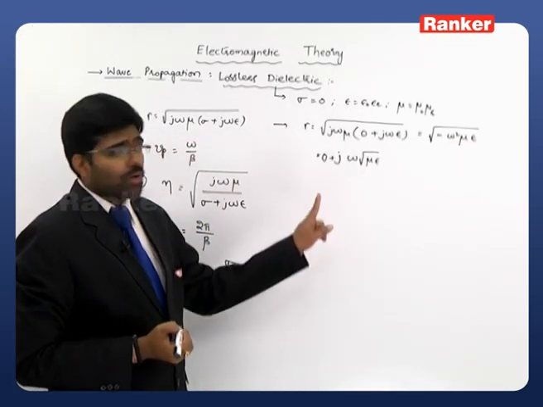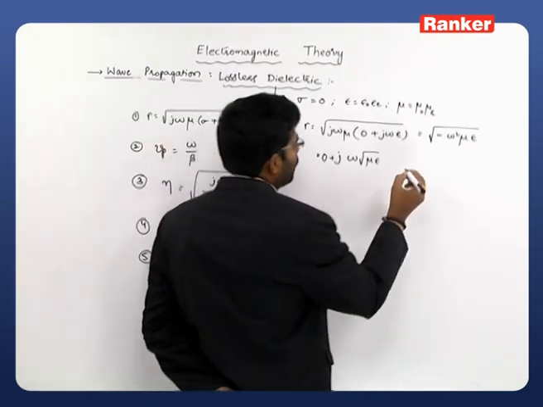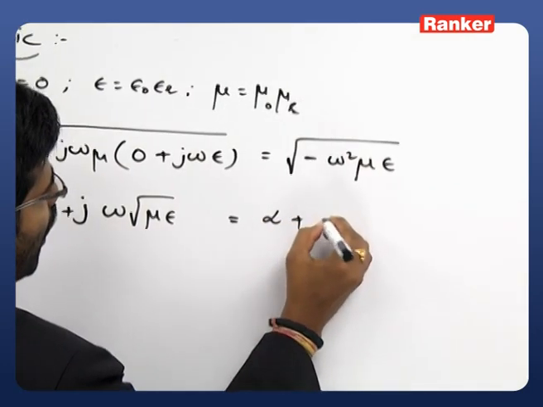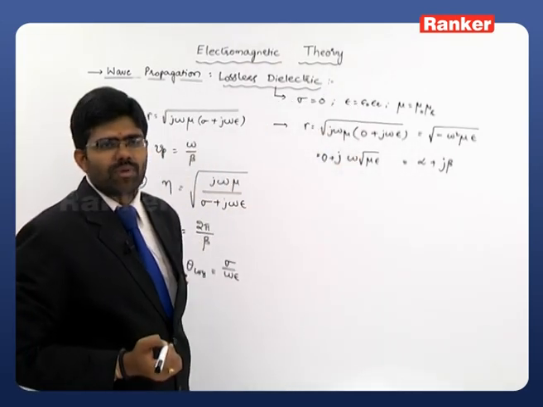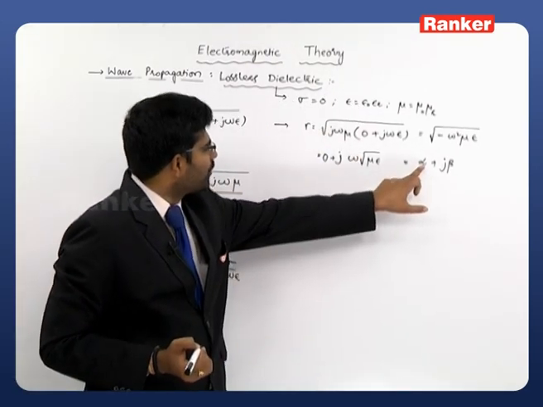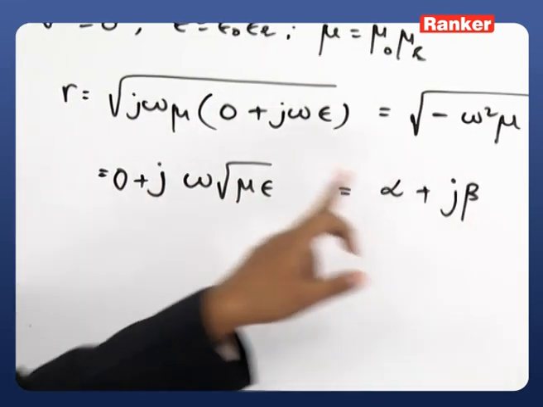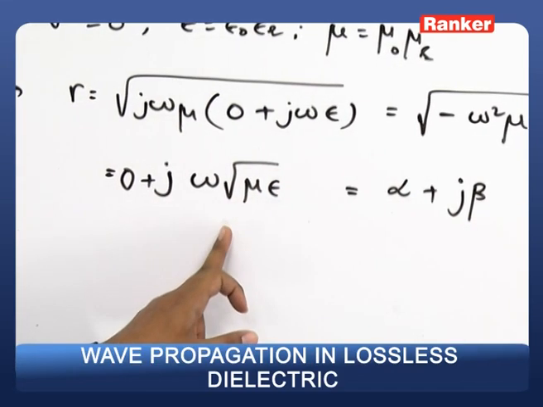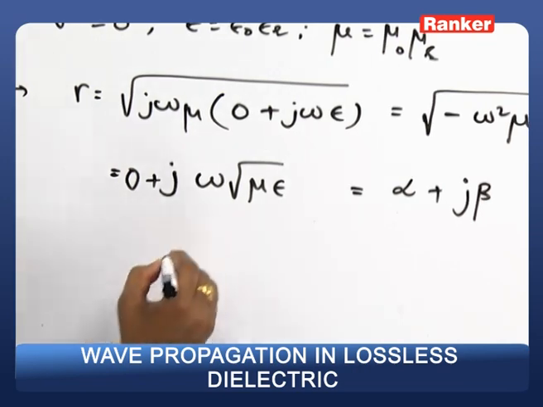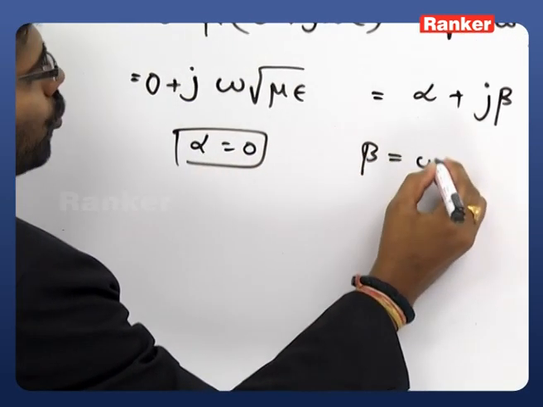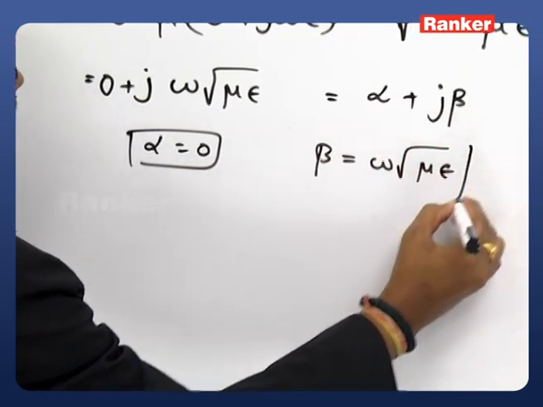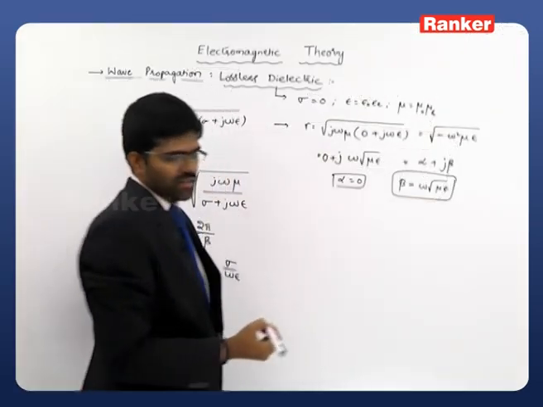Now compare this with the original form of our gamma. What is the actual form of gamma? Alpha plus j beta. So the real term alpha becomes 0 and beta becomes omega square root of mu epsilon. Among these two, alpha equal to 0 is important.